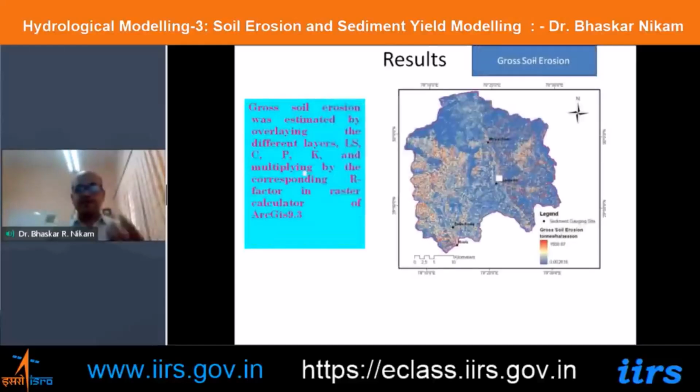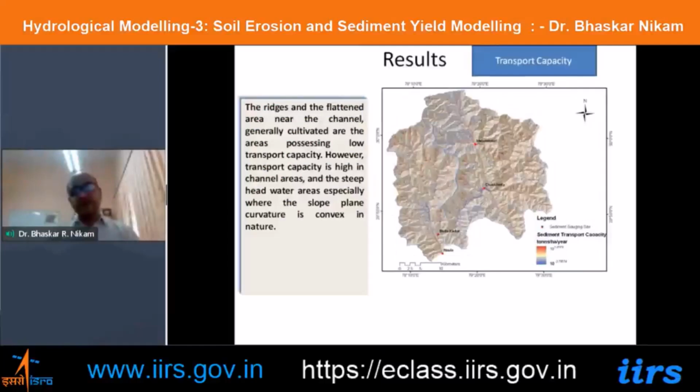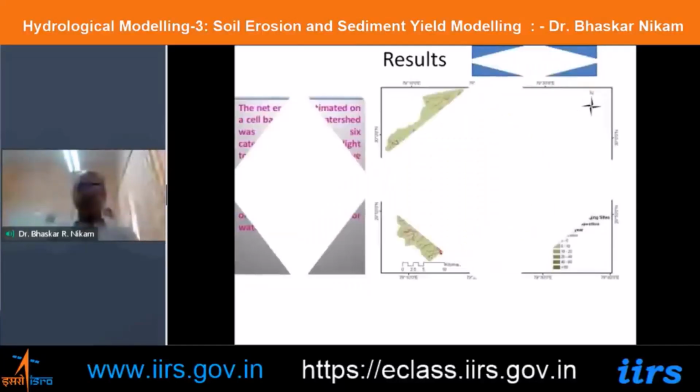This is the transport capacity of that area. As you can see, the transport capacity will be controlled by the flow accumulation. This is the sediment yield in that area, and this is the sediment erosion. And surprisingly, higher deposition was observed along the stream.